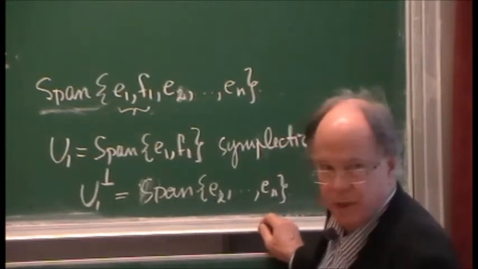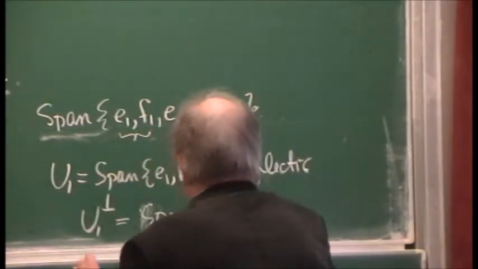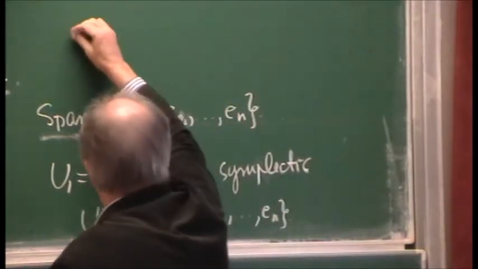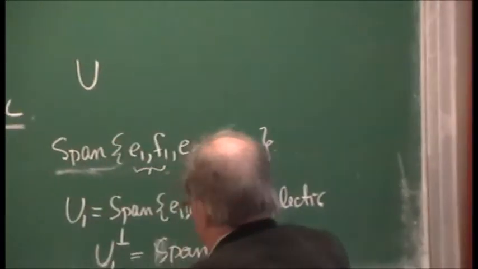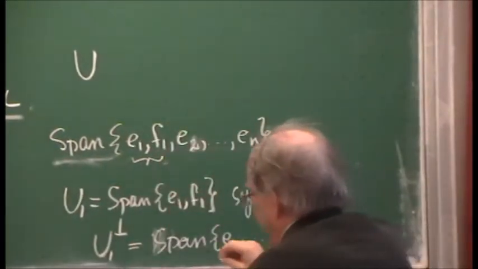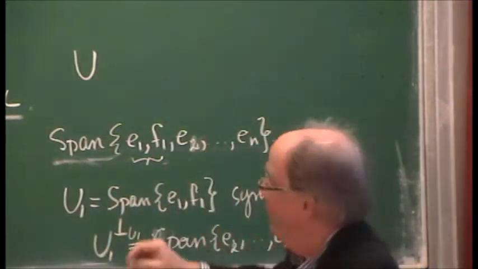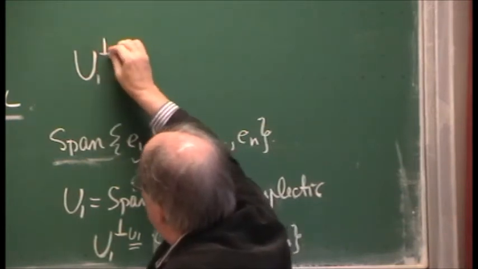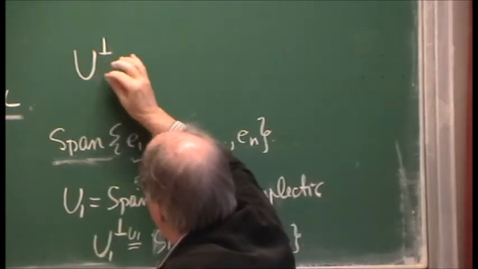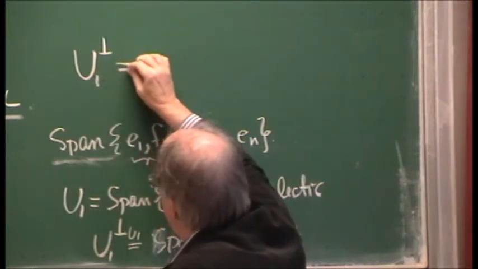So I forgot the rest of the space, right? So that's the span in here. No, I need to, yeah. Thank you very much. So let's write, this is our span, it's the orthogonal complement in U1. That's what you're saying, right? Not in U1. So let's just say the orthogonal complement of U1, in U, not in U1.